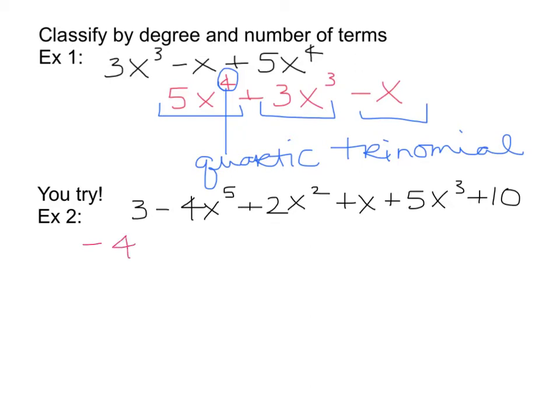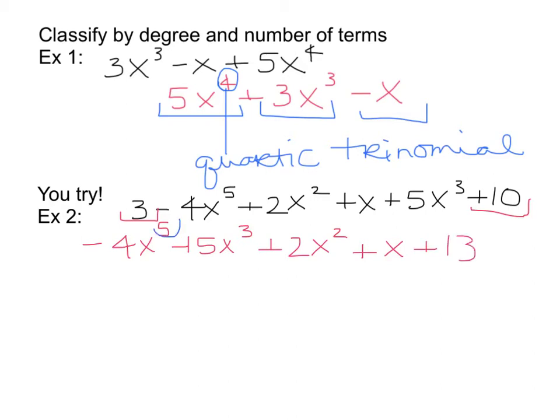So negative 4x to the fifth comes first. And then after that comes plus 5x to the third, and then plus 2x squared, and then plus x. And if you notice, you have the 3 and you have the 10, so we need to combine those. 3 plus 10 gives me 13.